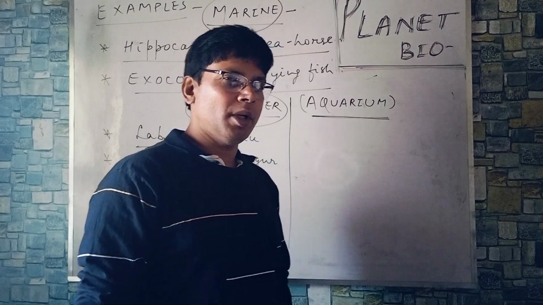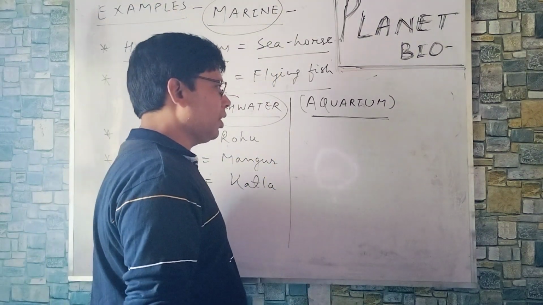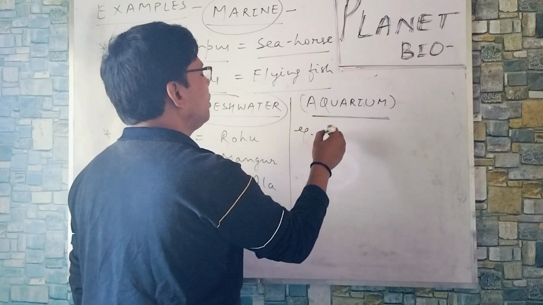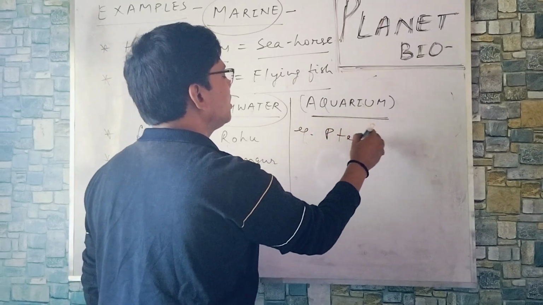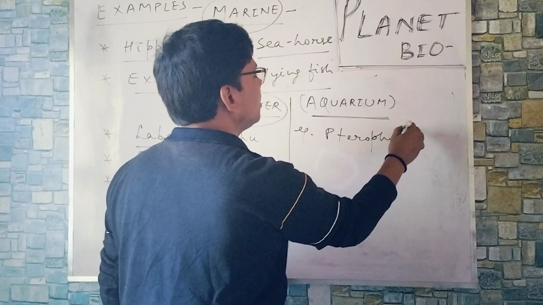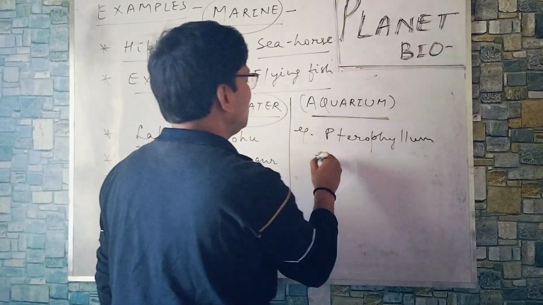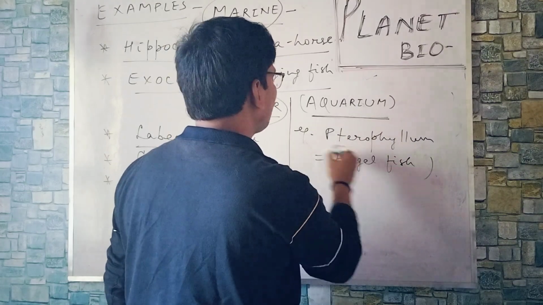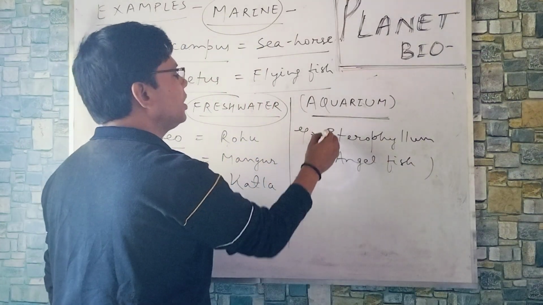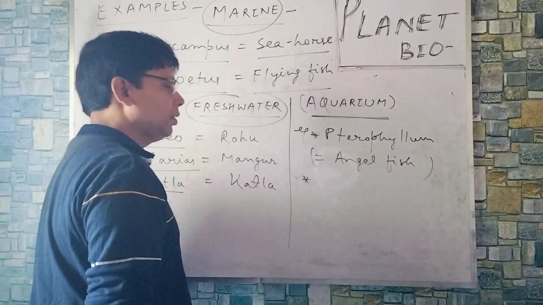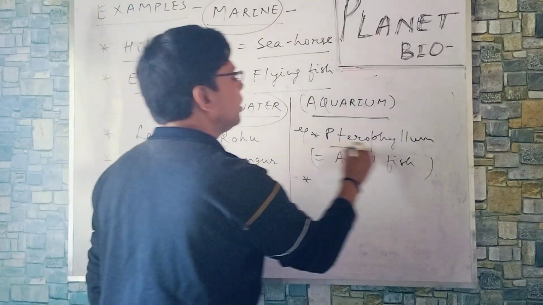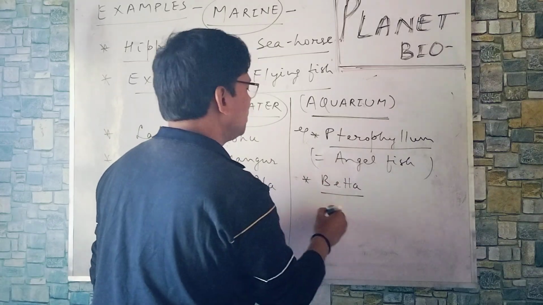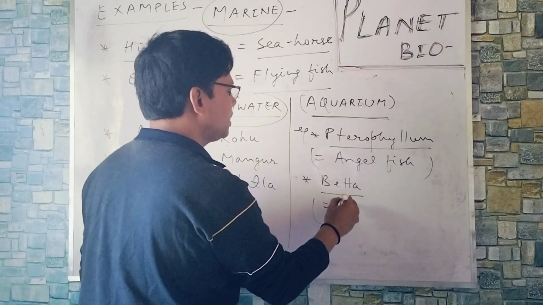Here also, man-made ecosystem. This is an aquarium, and the examples: Pterophyllum, the common name is angelfish. Another one you can see after Pterophyllum, Betta. This is a fighting fish.